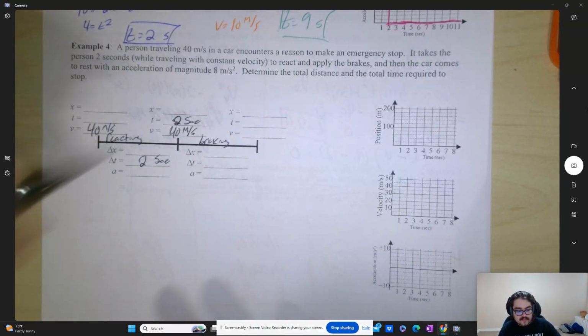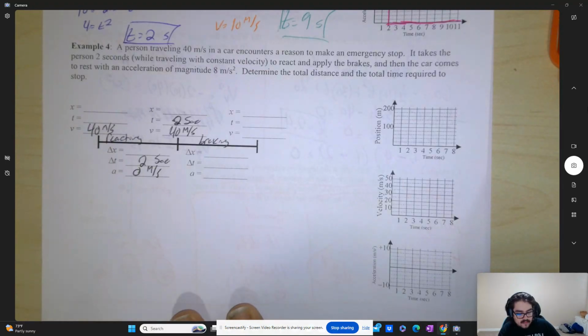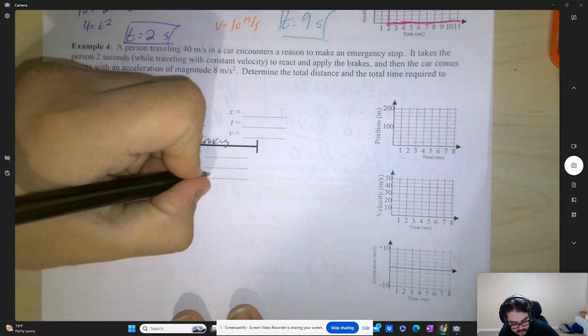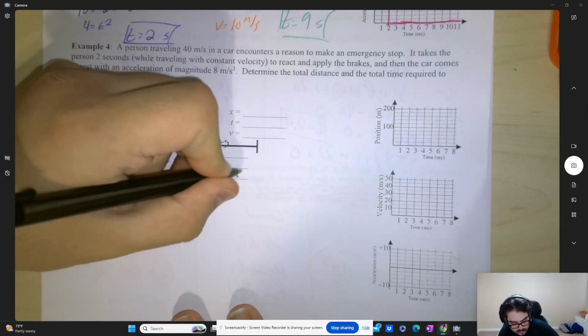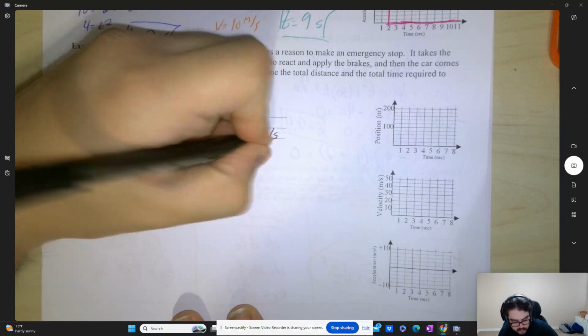If he's going constant, then there's no acceleration. When he brakes, he has an acceleration with magnitude 8 meters per second squared, so it's actually negative 8 meters per second squared because it's slowing him down. And at the end, he should be at rest, which is 0 meters per second.